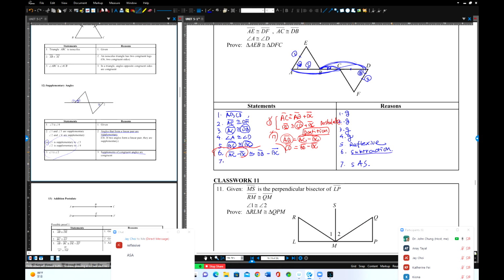Okay, that is a subtraction. So AC minus BC is AB, right? Or AB congruent AC minus BC. Another one is what? CD congruent BD minus BC. BD is DB. Okay, I'm going to write DB first. Okay, that's the reason over here. Number 7, partition postulate.